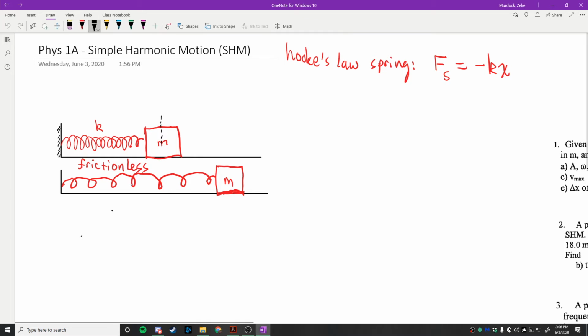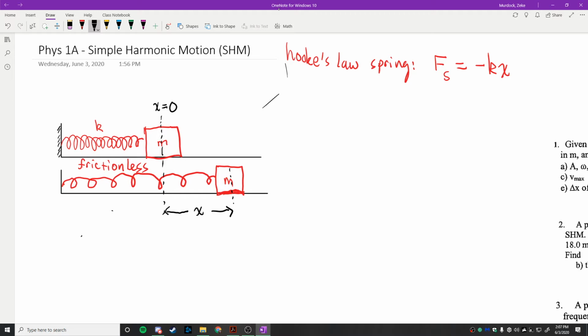Right. So let's say that we call this position right here x equal to 0. And then when we have the object pulled out to some point, we'll call the distance from there out to there x.